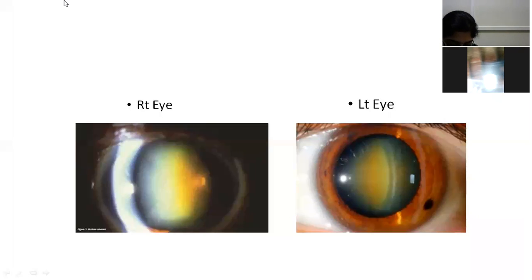Narendra, what kind of refractive error do you see in cortical cataract? In cortical cataract, myopia? You see myopia in nuclear cataract.